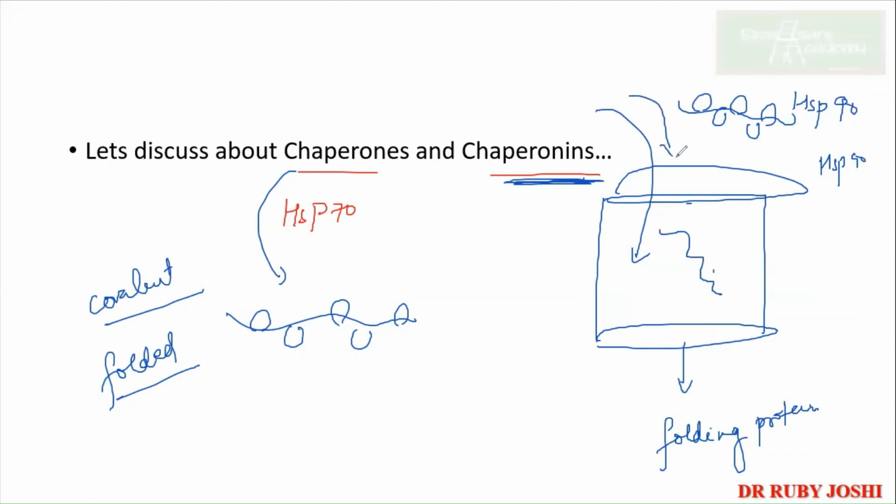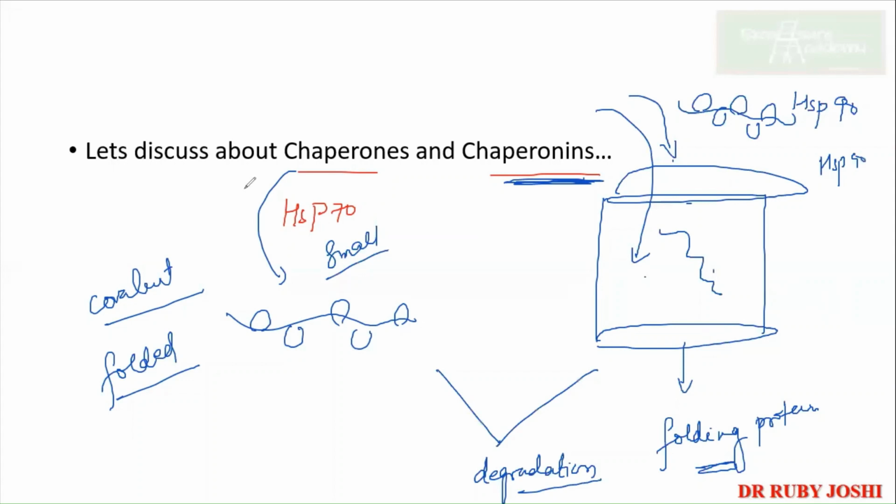Here you can also bring a misfolded protein with the help of HSP90. This goes inside and gets properly folded. Despite doing this, if these proteins are not getting folded, then they go for degradation. Now the difference is clear. From the figure, you can say that chaperones are small proteins. Chaperonins are huge, big protein subunit domains.